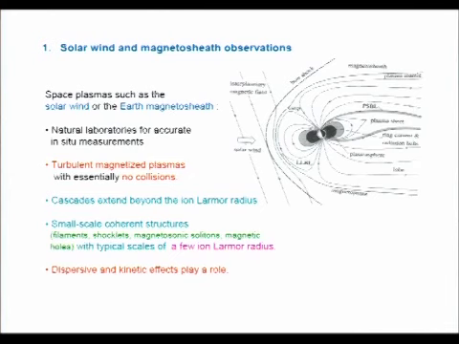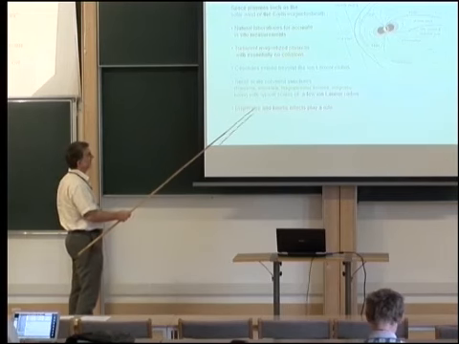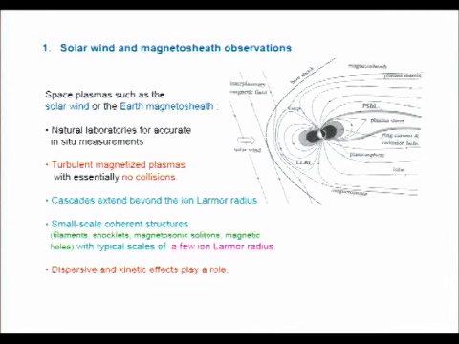All of you know that we have a wonderful plasma laboratory around us, and that we have turbulent cascades that actually extend beyond the ion-Larmor radius. But not only that, we have a lot of observations of small-scale coherent structures: filaments, shocklets, solitons, magnetic holes, which have typical scales of the order of a few Larmor radii.